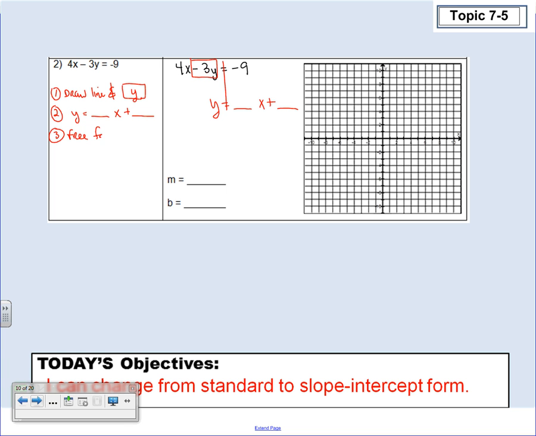Next we'll do the free fall on the right side. So -9 is going to free fall into the blank that doesn't have the x. We have a 4 with the x that's on the left. We want to move it to the right. It crosses the line. We change the sign, so it's a -4.